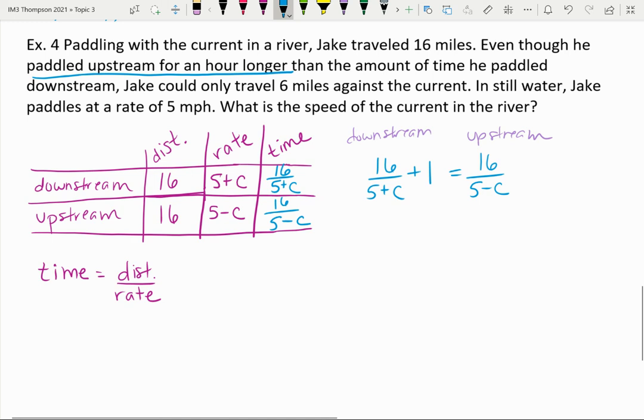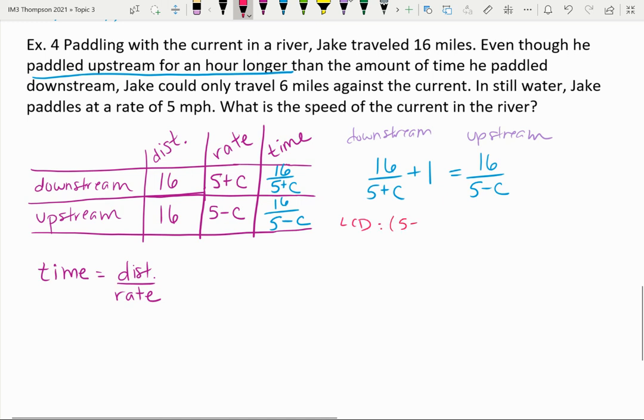Woo! Writing the equation is the hardest part. Next, I get to solve. So, a rational equation. I find my least common denominator.